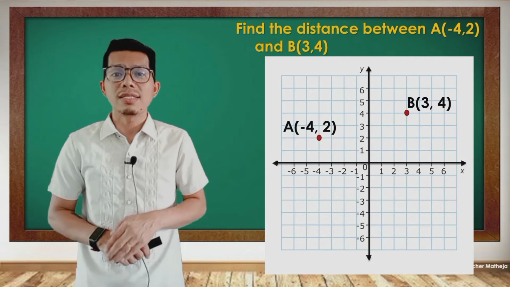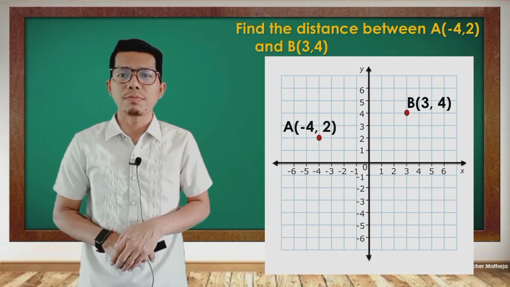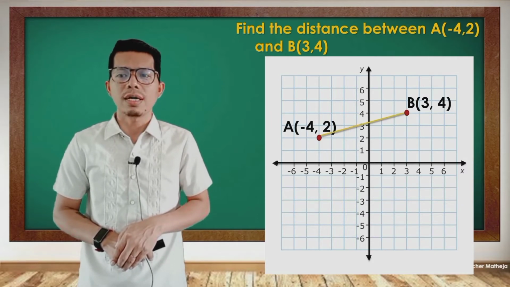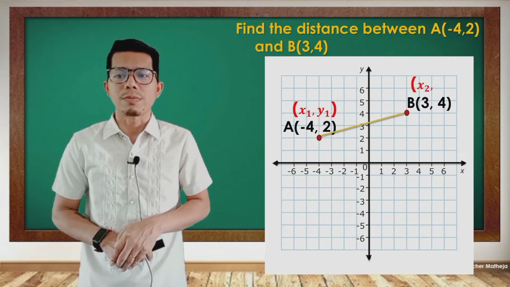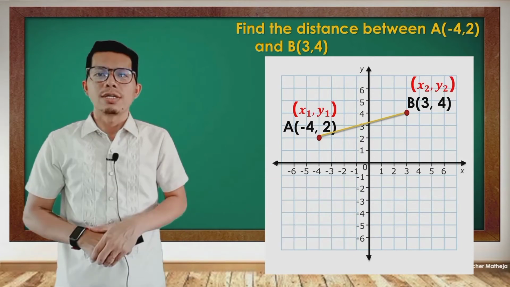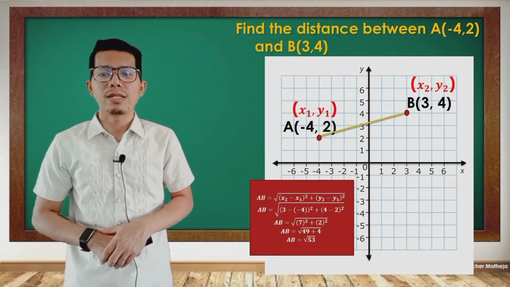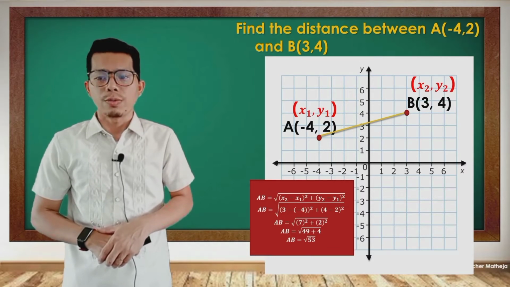You must identify the first point and the second point. In this case, my first point will be point A, so it will be x sub 1, y sub 1, and point B, x sub 2, y sub 2. Using the distance formula, we can have the values for x sub 2, x sub 1, y sub 2, and y sub 1.